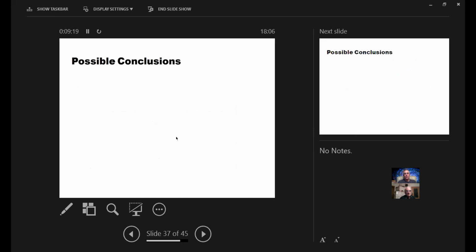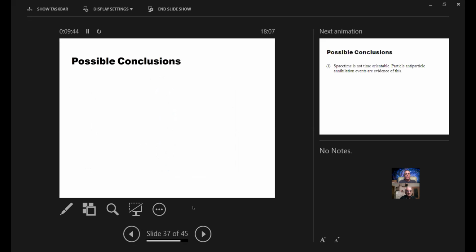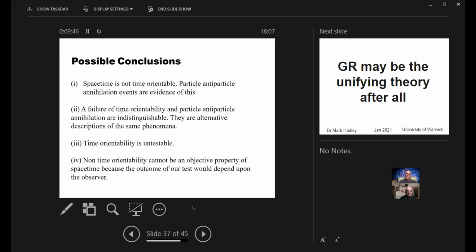So this is sort of interesting. The one thing you can't say actually is that time could be orientable. You've either got to say this is evidence of non-orientability, or you can say it's untestable. But this is how you would test it, and it happens. So that's sort of interesting, I thought.